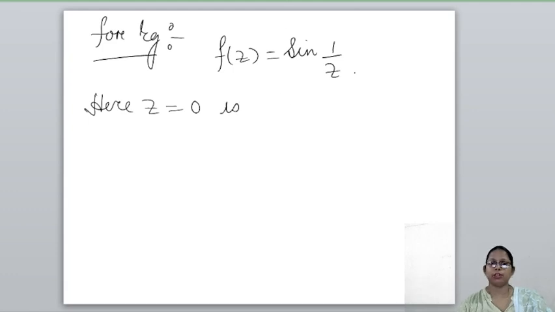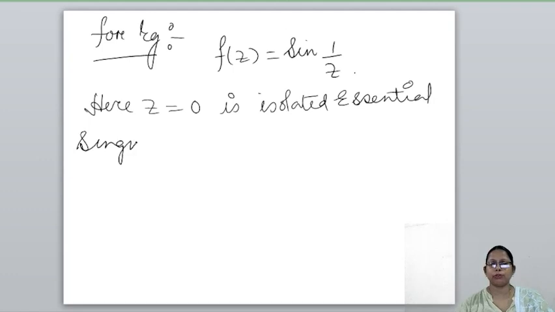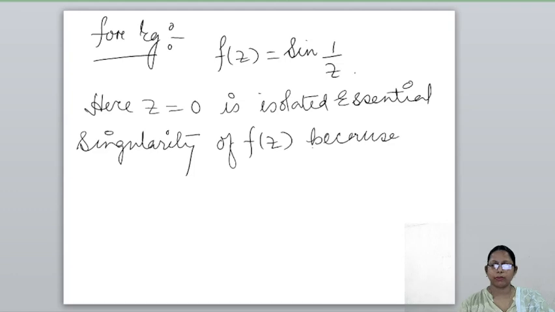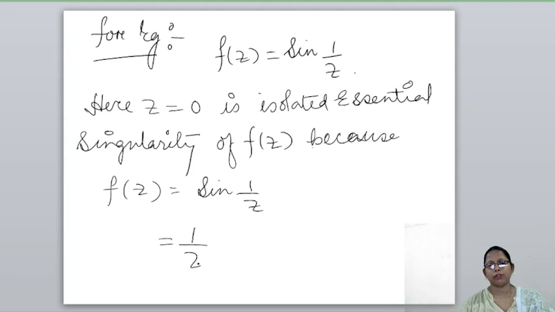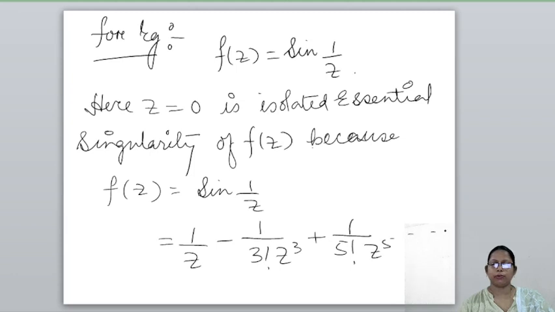Here z equal to 0 is an isolated essential singularity of f(z), because we know the sine series is 1 by z minus 1 by 3 factorial z cube plus 1 by 5 factorial z to the power 5 and so on.